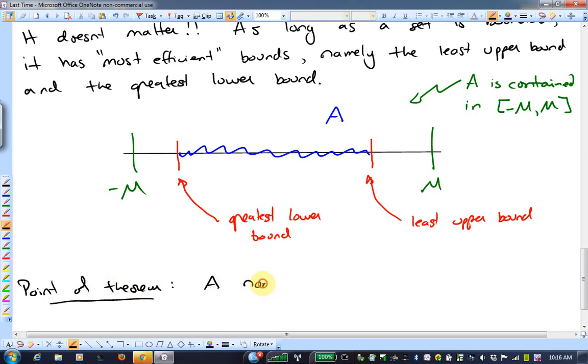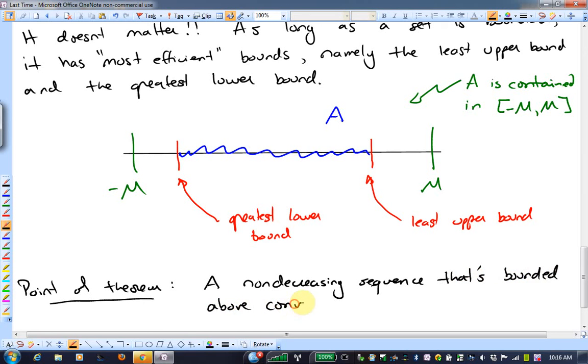Okay? So, and the point of the theorem is a non-decreasing sequence that's bounded above converges to its least upper bound.